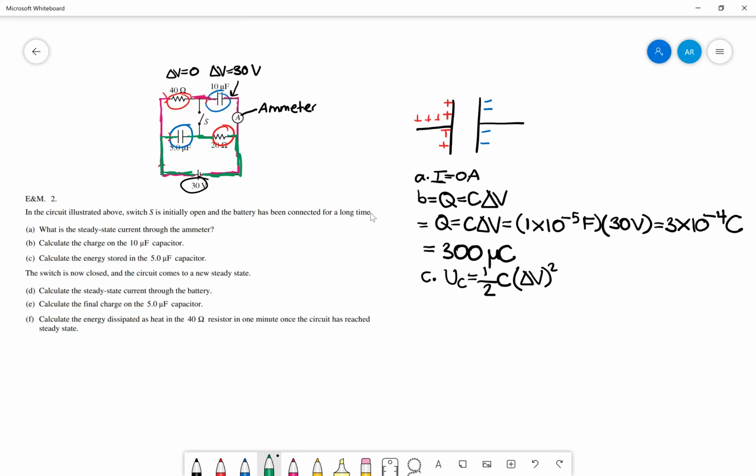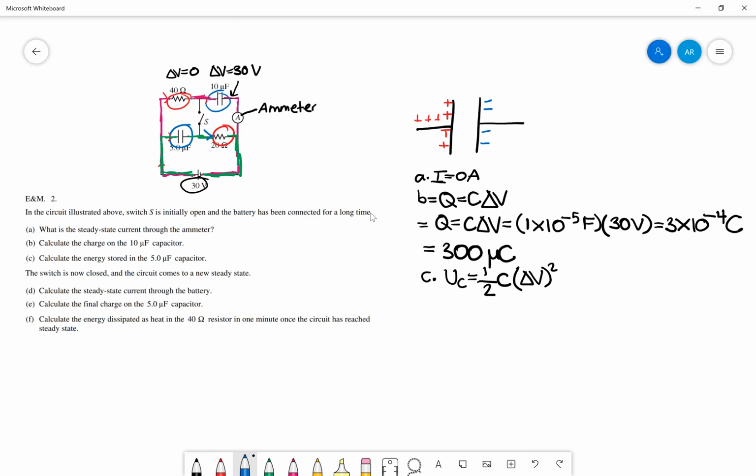So the current through the 20 ohm resistor on the lower right must be equal to 0. The current through here also has to be equal to 0.